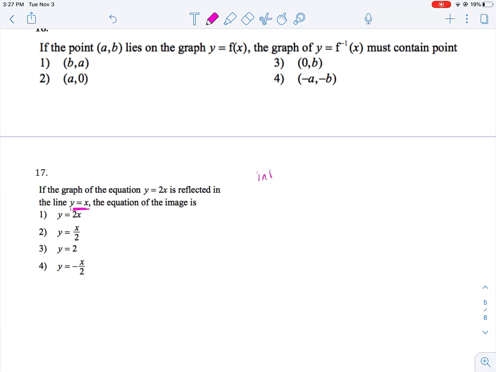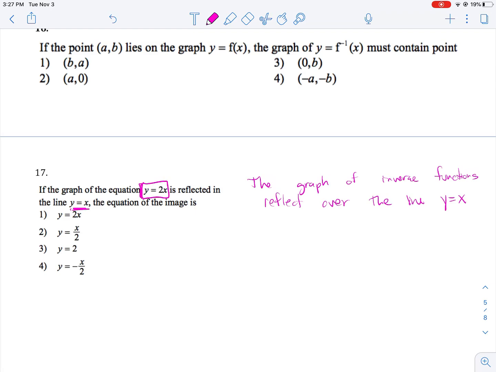So the graphs of inverse functions reflect over the line y equals x.